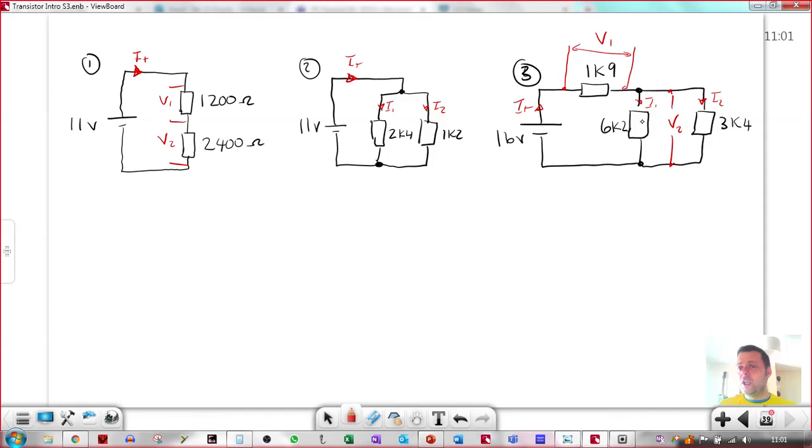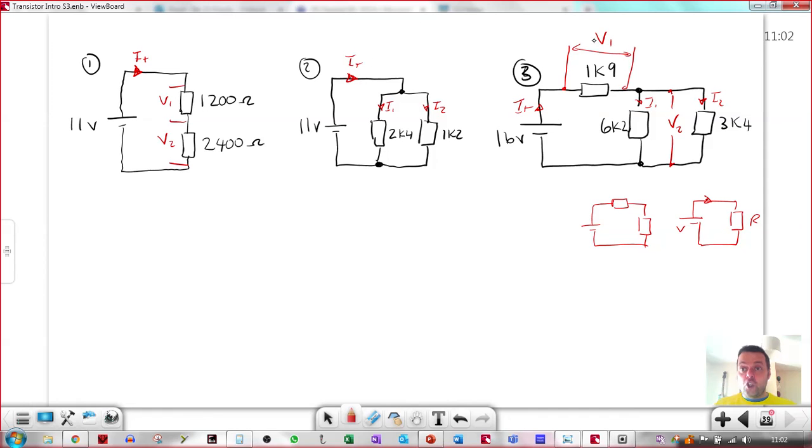But it's the same deal. Work out the parallel resistance. That gives you a circuit that looks like that. Work out the series resistance. That gives you a circuit that looks like that. You'll have this resistance and you know this voltage, so you can work out IT, and that will be the current here. You can then use Ohm's law to work out V1.